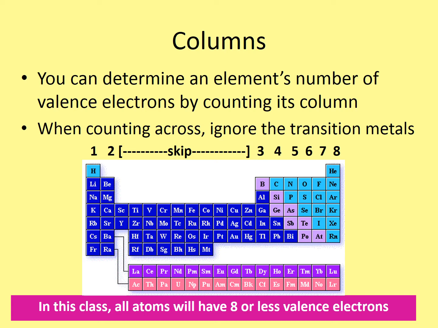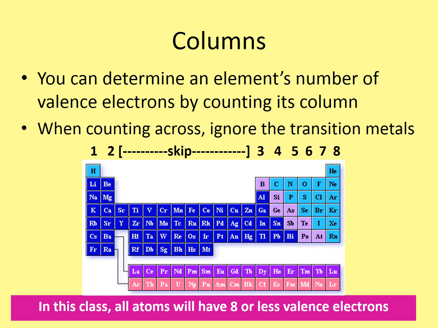So notice, remember I said we're not going to do much with that middle section. So when we're counting, we're going to do column 1, column 2, we're going to skip all that middle junk. Column 3, 4, 5, 6, 7, and 8. Now, on some periodic tables, you may see those last ones as like 13, 14, 15. We're going to call them 3, 4, 5, 6, 7, and 8.